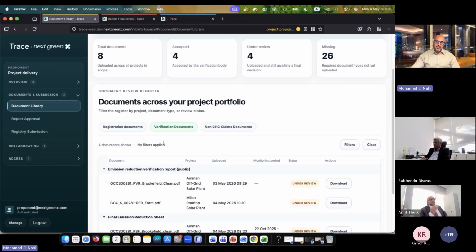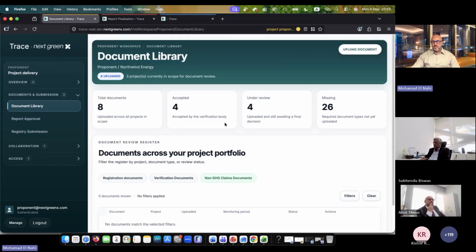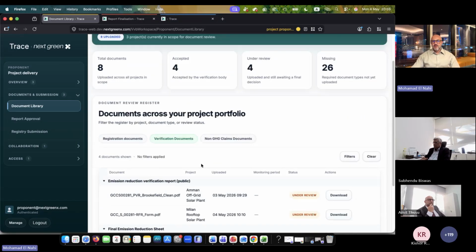So the GHG related information and the non-GHG related documents. Documents could be uploaded, and documents could be annotated when applicable in the case of verification documents and non-GHG documents. And there is a way for them to be assigned to the relevant VVB.